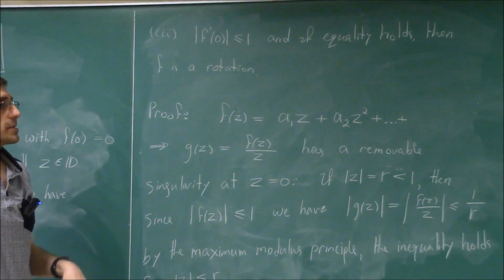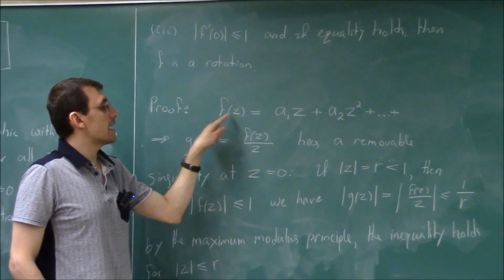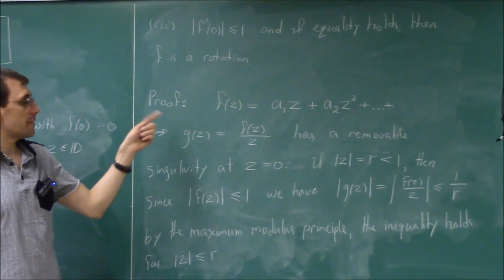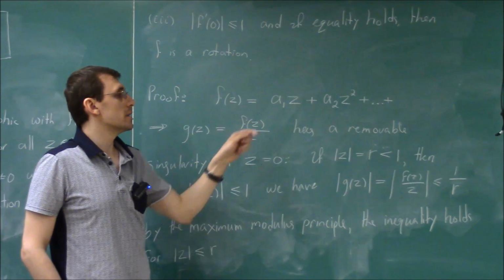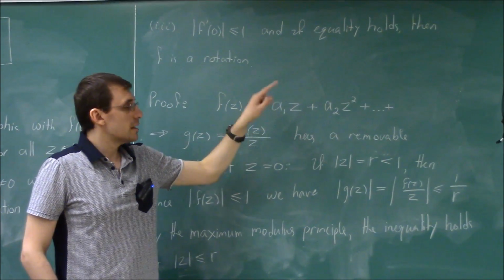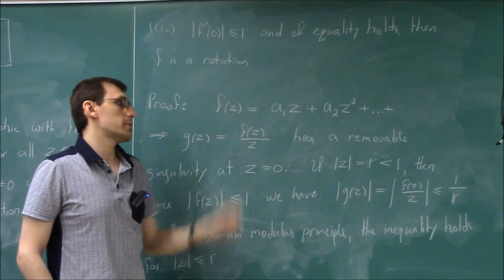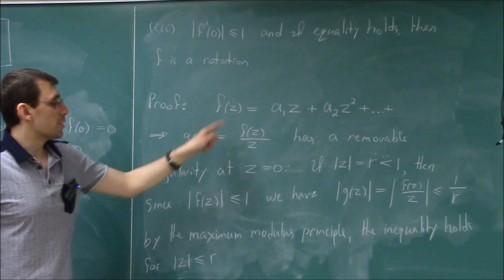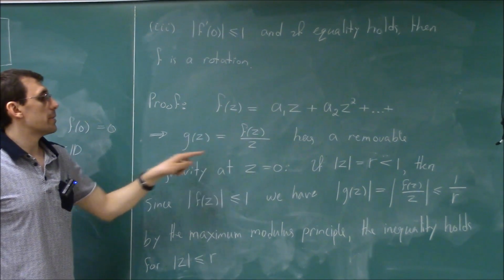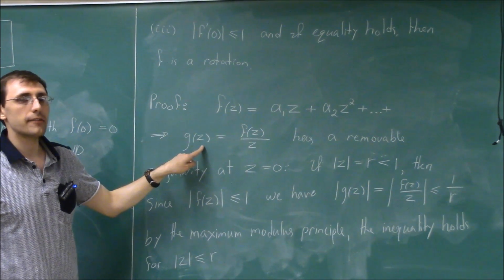So let's see how this result is proved. First of all, we made the assumption that f is 0 at the origin, which means that when I give f its power series expansion, it begins with a1z, then a2z squared, etc. The constant term is missing because it's equal to 0. Now this power series expansion gives us the ability to divide f of z by z and still have a holomorphic map.